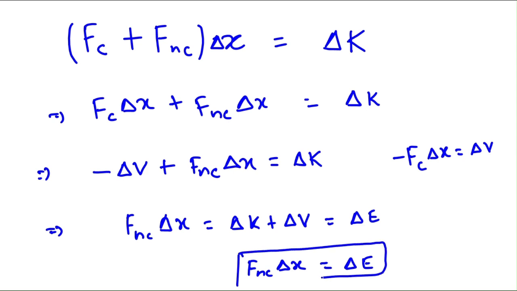As we have already seen, in the case of a system experiencing conservative forces only, the total mechanical energy remains unchanged. So if there is any change in its total energy, there must be some non-conservative force acting on the system. Like in the previous example, this non-conservative force is the friction force. Otherwise, the total mechanical energy is not going to change.